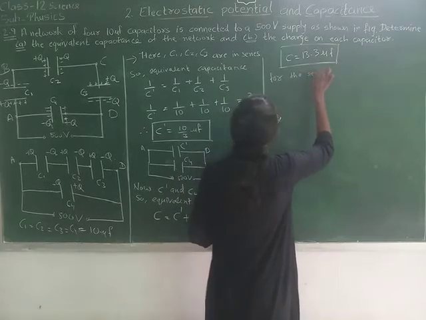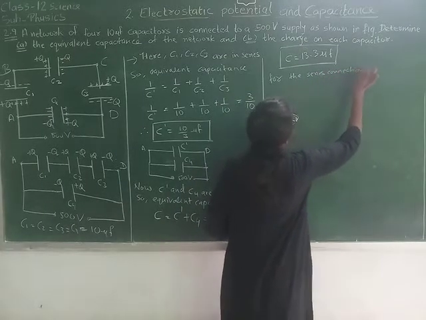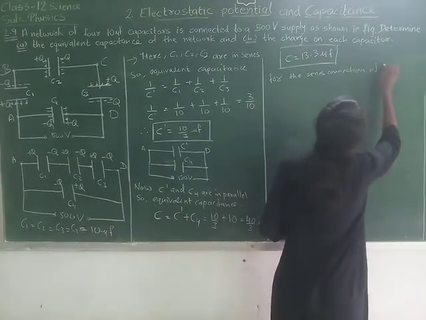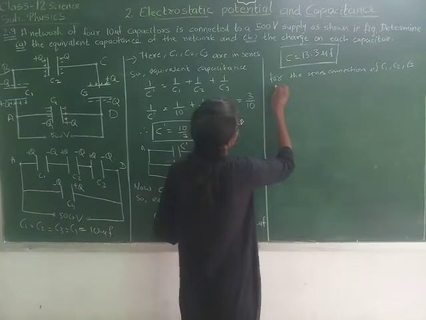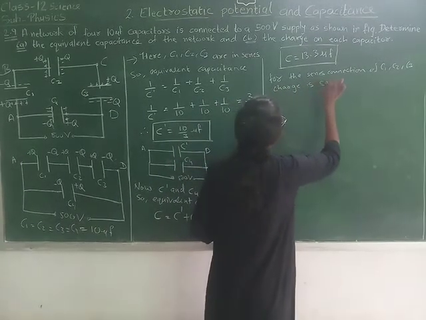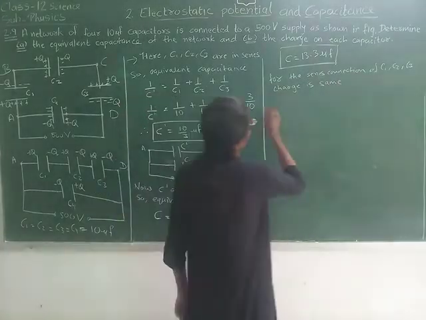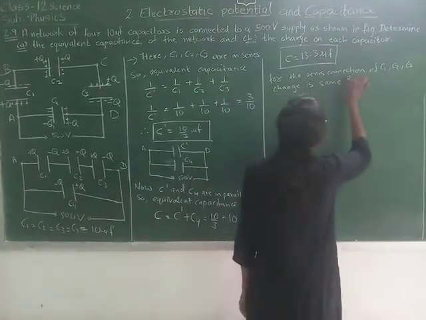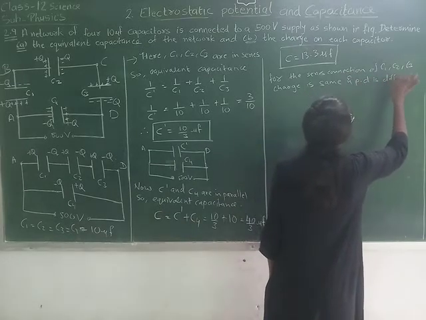For the series connection of C1, C2, C3, charge is the same, right? And potential difference is different.